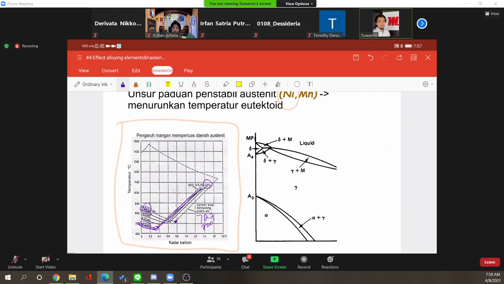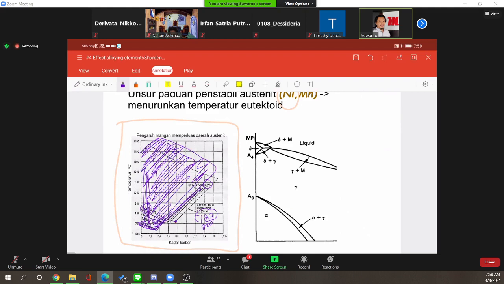It means the eutectoid temperature is now less than 727. What does it mean? You also see that this area is now wider. The area has become larger. This is the meaning of stabilizing austenite.